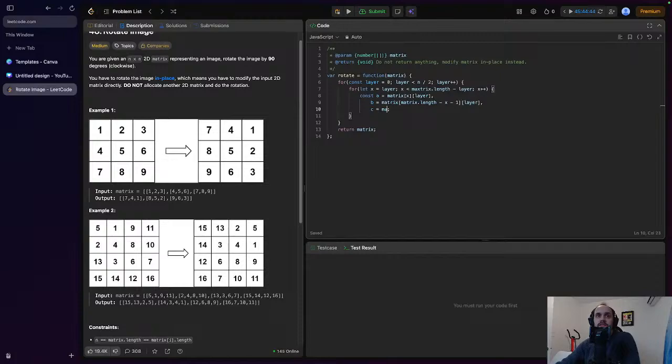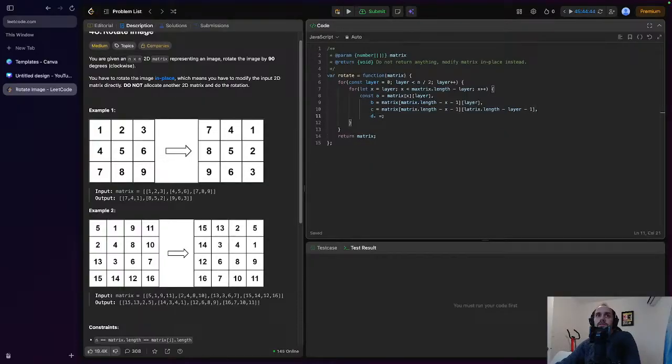Similar. This would be matrix dot length minus layer minus 1.